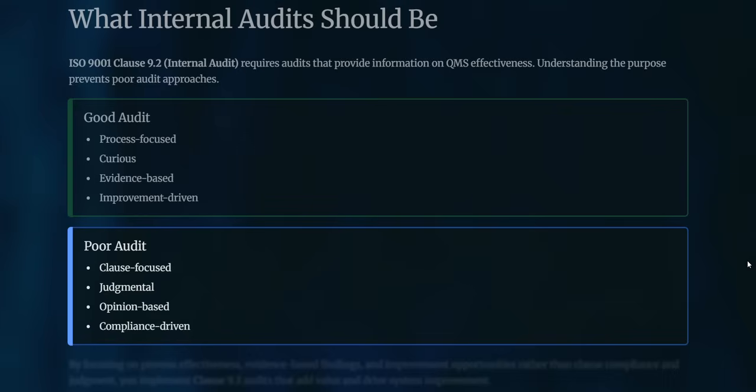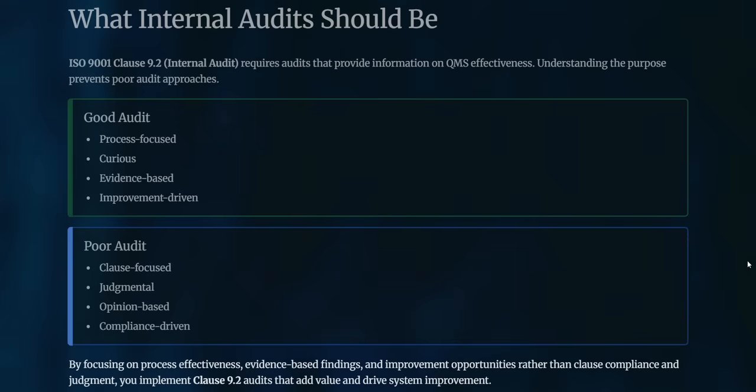A poor audit is a judgmental audit, a poor audit is an opinion-based audit, and a poor audit is a compliance-driven audit. By focusing on process effectiveness, evidence-based findings, and improvement opportunities rather than clause compliance and judgment, you implement clause 9.2 audits that add value and drive system improvement.